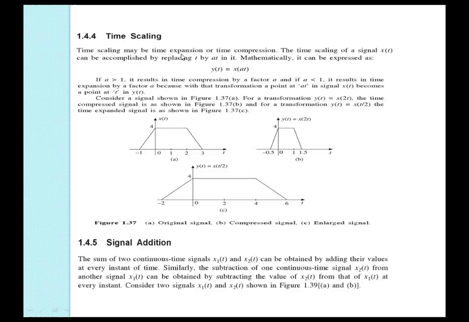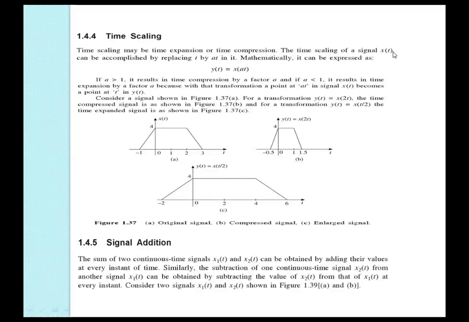When it is divided by a scaling factor, such as by 2, it is expansion. When it is multiplied by 2 or whatever the value, it is compression. Multiplied with a is compression, and divided with a is expansion.